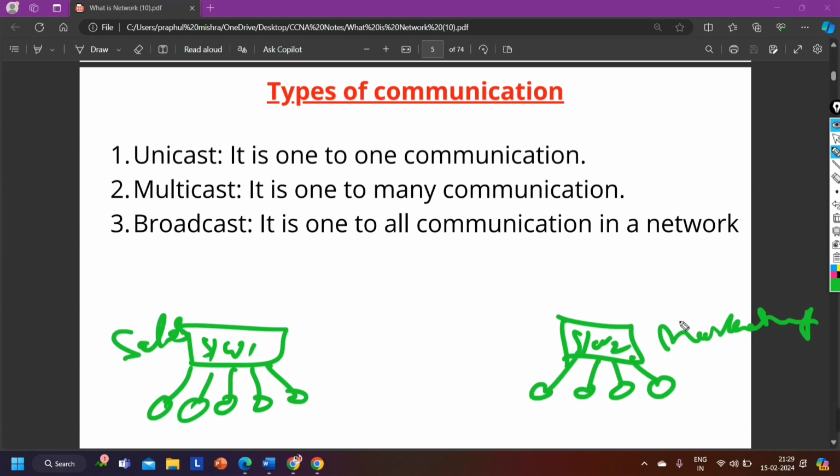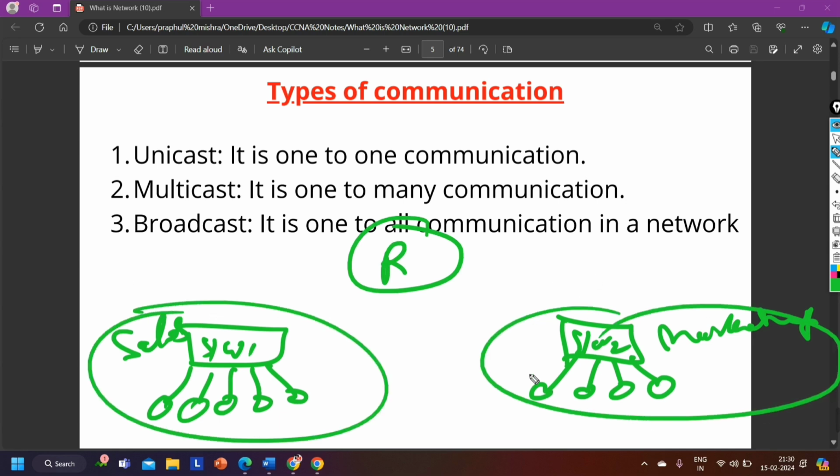So I'm going to introduce the second networking device in front of you. To connect multiple networking devices together, we have a switch and we have an access point. Now to connect multiple networks together, we have a device called a router. This is a different network, this is a different network.